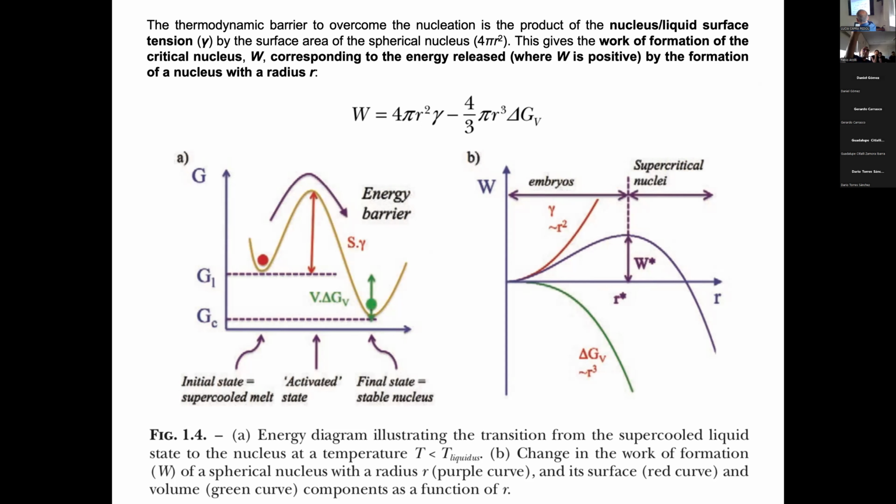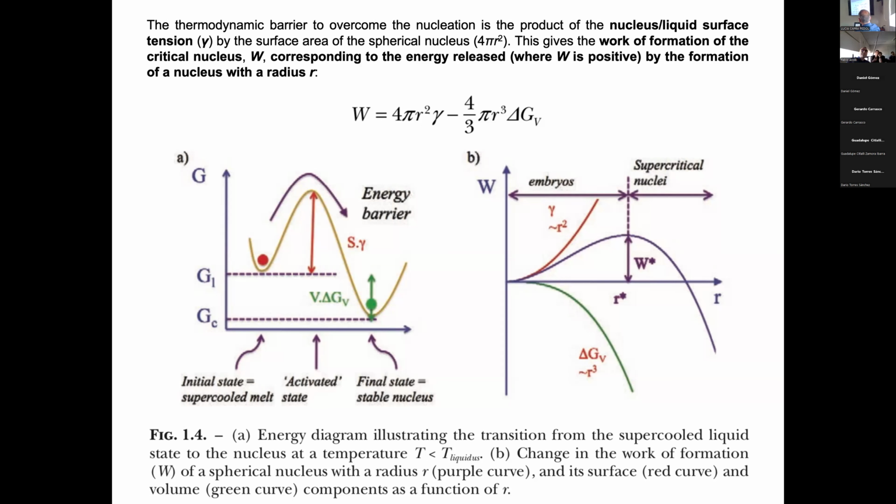In this equation there are also the surface tension between the nucleus and the liquid, and the delta GV that we discussed before. So when we move from above the liquidus condition to below the liquidus condition, we have to stabilize the nuclei in order to have crystal growth.